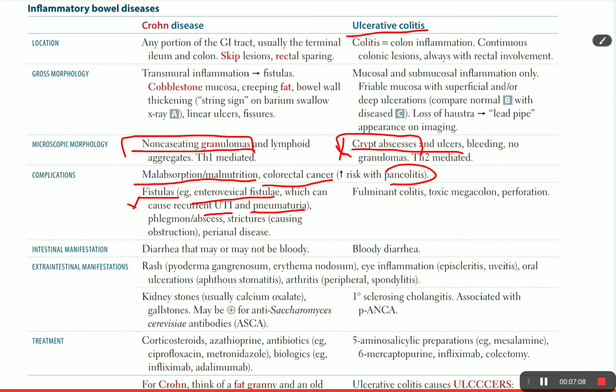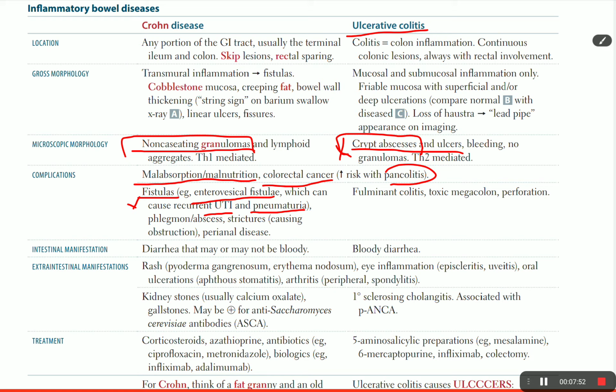But kidney stones and gallbladder stones are specific to Crohn's disease. And primary sclerosing cholangitis, which is sclerosing of the biliary tree, is just for ulcerative colitis, associated with p-ANCA in ulcerative colitis, and Crohn's disease may be associated with ASCA, which stands for anti-Saccharomyces cerevisiae antibody.